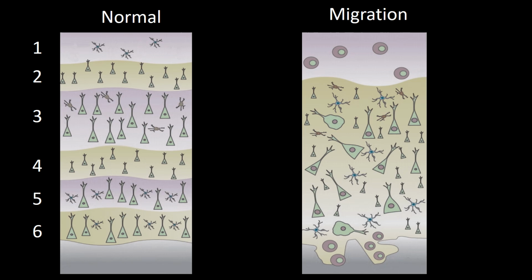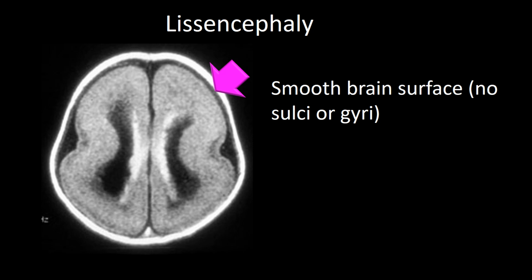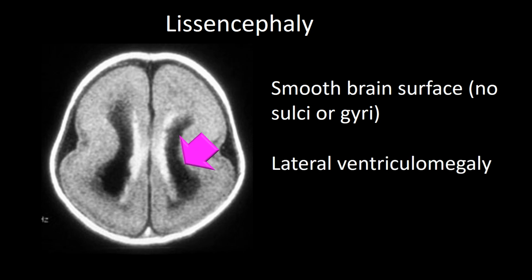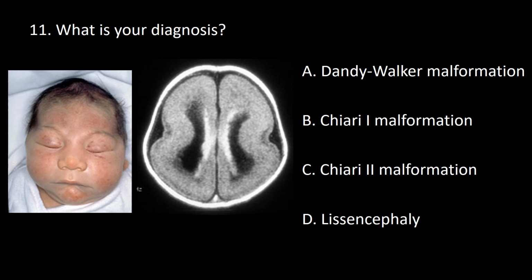There will be no stratification, no cellular organization, and poor synaptogenesis. Failure of migration is always associated with organization and synaptogenic errors. MRI of the brain is diagnostic. The brain surface is very smooth, the lateral ventricles are big, and the brain is shaped as a number 8. So the answer to this question is D.